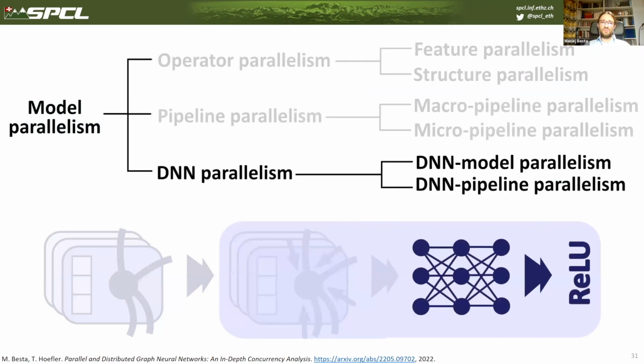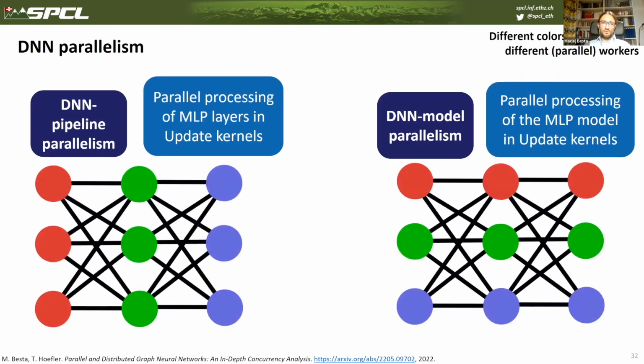The next that we are going to discuss is DNN parallelism, which is really about parallelizing the second part of the single GNN pipeline, namely the dense layer. Here we also have two subclasses. We have on one hand DNN pipeline parallelism, in which, as Torsten mentioned, we have the MLP, which we are using to process the feature vectors of our vertices, or for example of our edges. Now we can see this MLP as basically the place where we could apply an arbitrary way of parallelizing a traditional deep neural network pipeline, right?